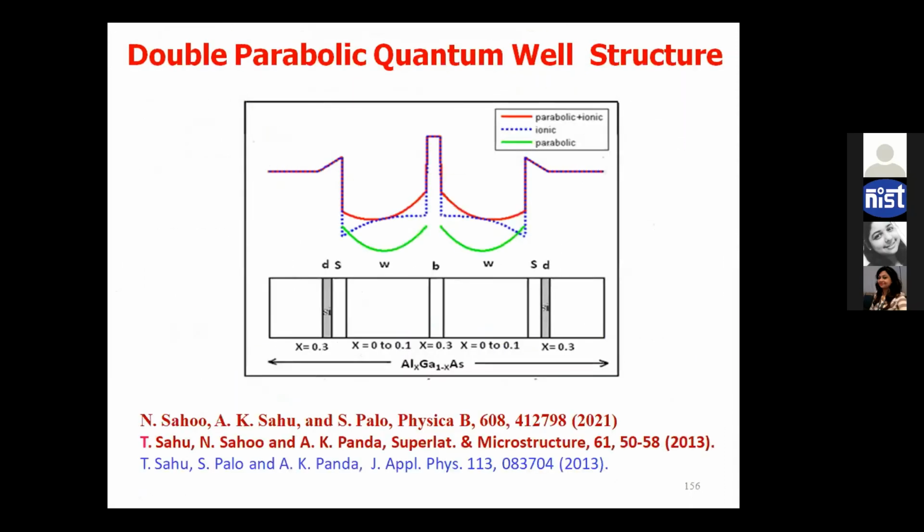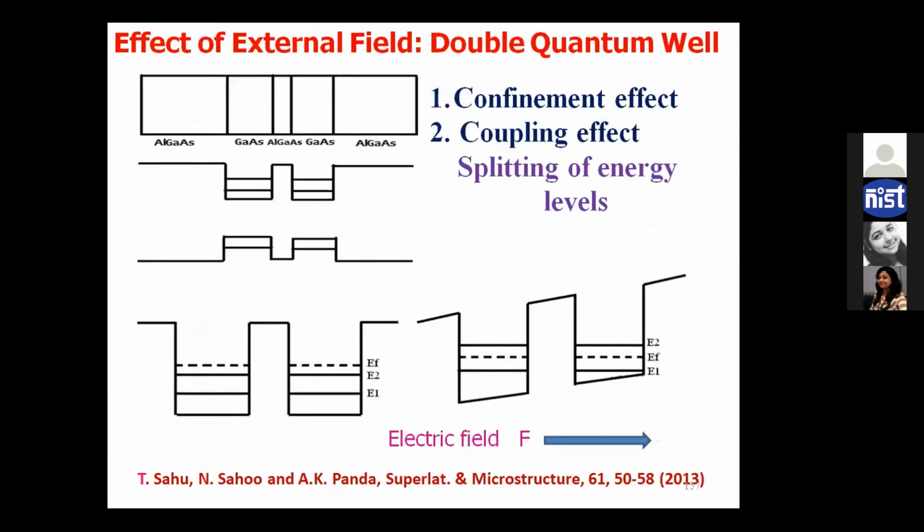So this is a single parabola that I explained. Similarly, if you take a double parabola, now this red one will be due to parabolic plus ionic, that means the combination of Hartree. Same thing in a double parabola: if you apply field, it can change the occupation of the number of states.